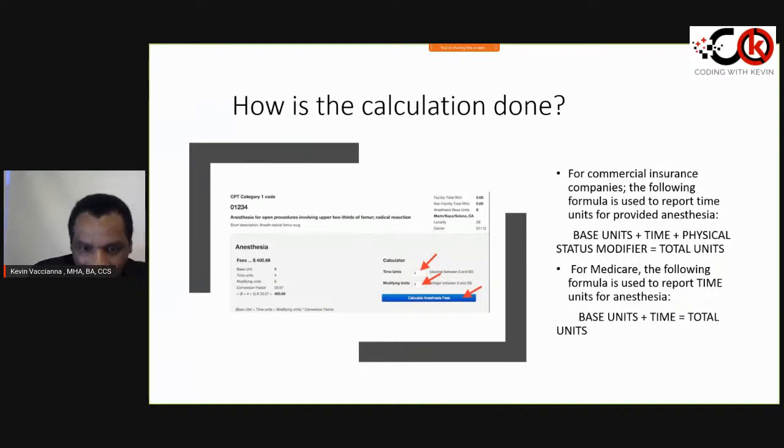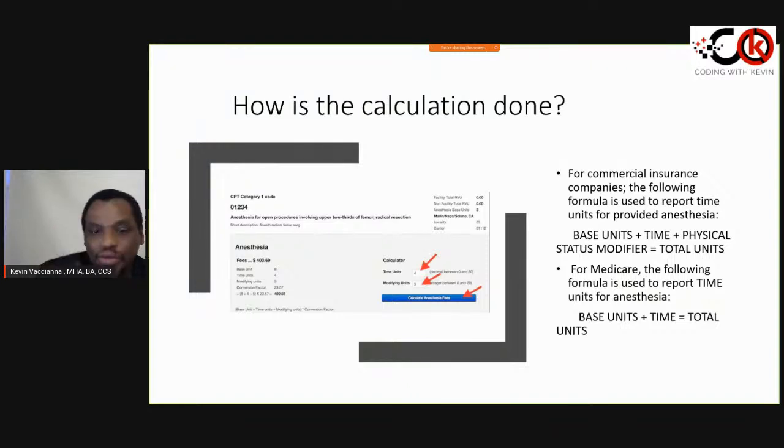So we use a relative unit guide, that is there to guide us, to tell us exactly how to come up with these values. Every one of your codes in your CPT book on anesthesia has what we call a base unit. Your guide is the one that's going to tell you what the base unit is for every CPT code under the anesthesia section.